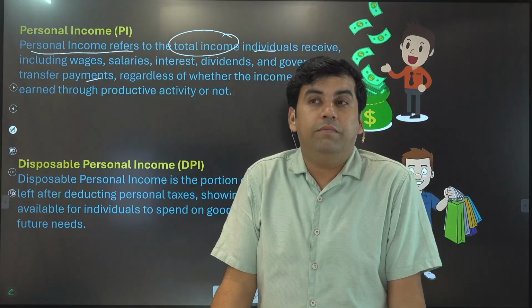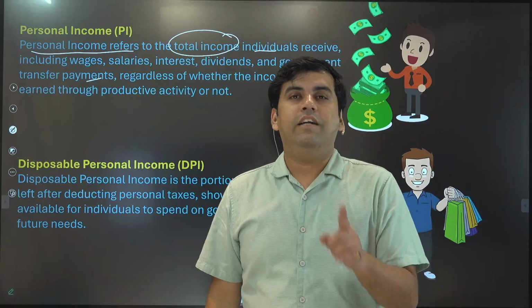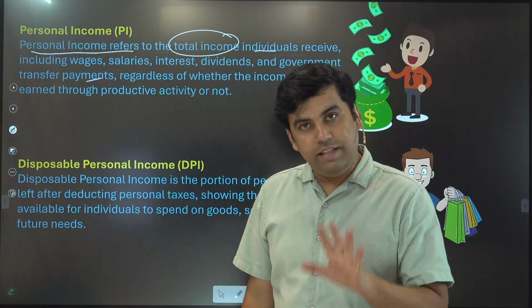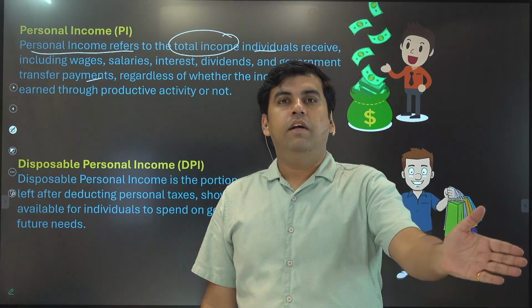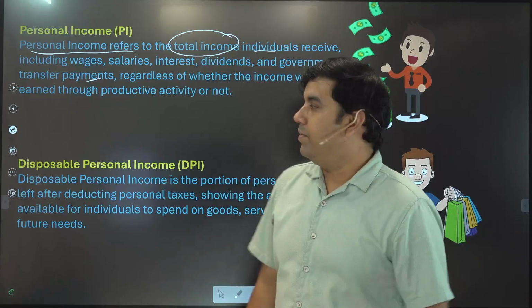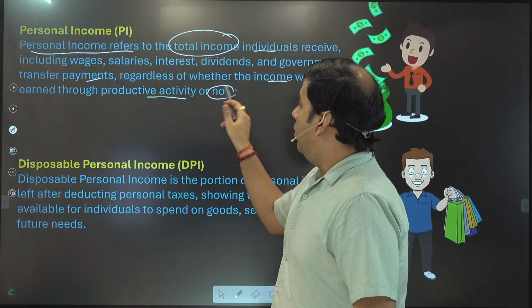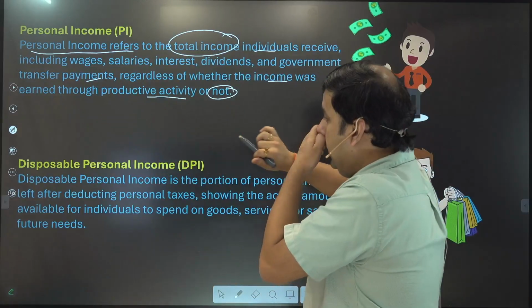That is also your income. Pension is also an income. It is not a factor income or a factor payment, but it is income. My father is getting a pension, so that is his income, but not factor payment. Whether income was earned through productive activities or not, transfer payments are included, right?